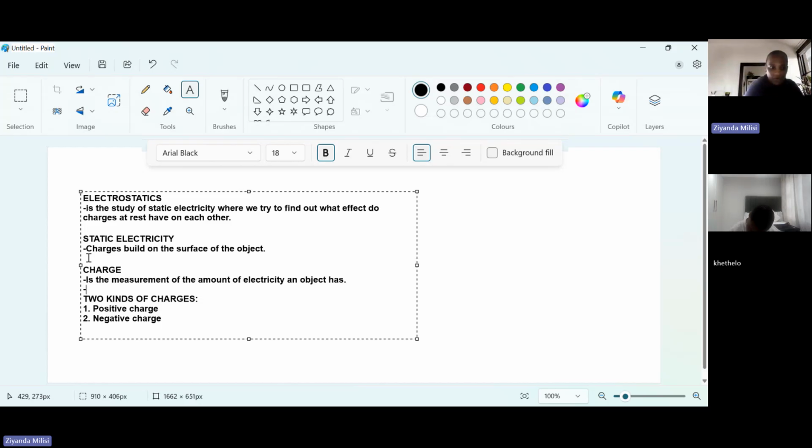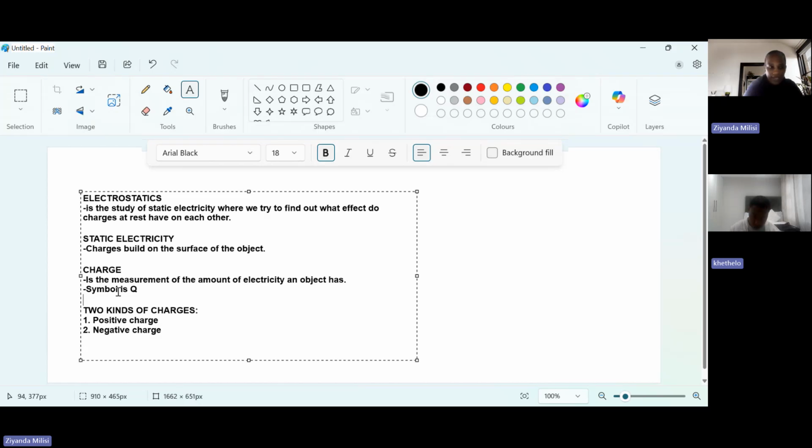So we say the symbol is Q. Then what is the standard international unit for each charge? It is coulombs. The symbol for coulombs is capital letter C.